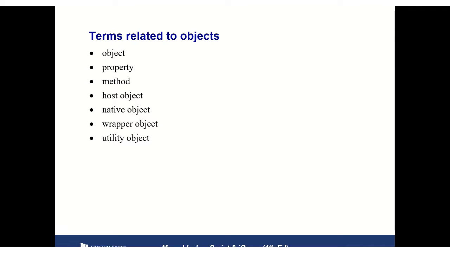So it's a part of the programming language, while the other is an extension of the JavaScript programming language that is used for applications. So the host objects are specific to applications, whereas the native or built-in objects are specific to coding and programming with JavaScript.